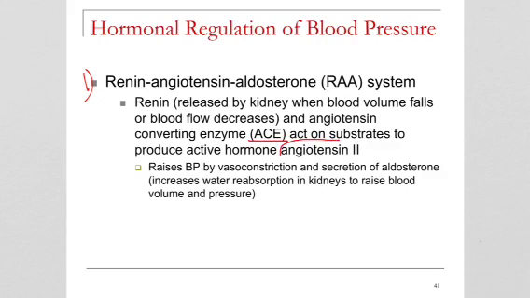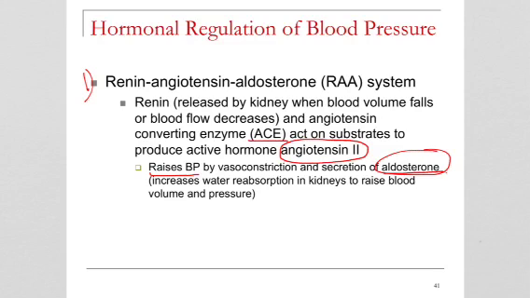So finally, angiotensin 2 has one of the products, number 1: it raises BP by constriction. So when the blood vessels constrict, it will raise the BP. And secondly, it will secrete aldosterone. So we have two things in this pathway.